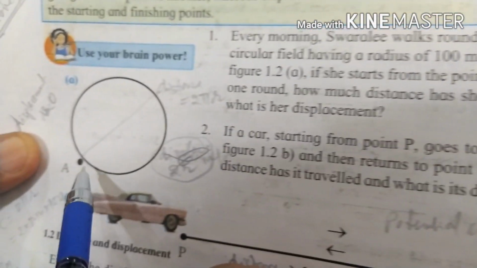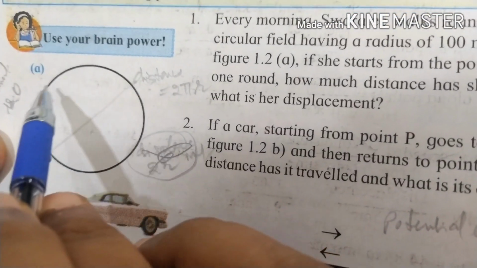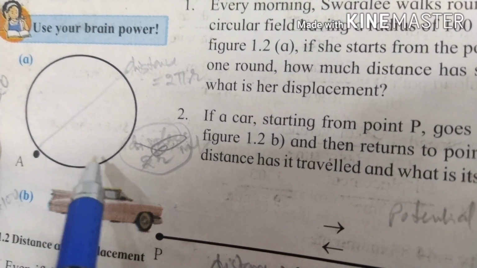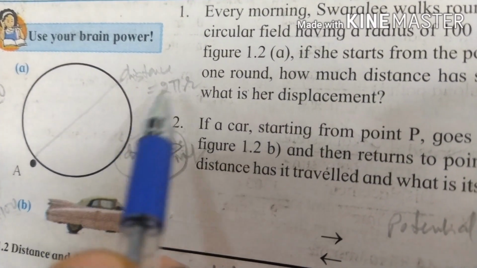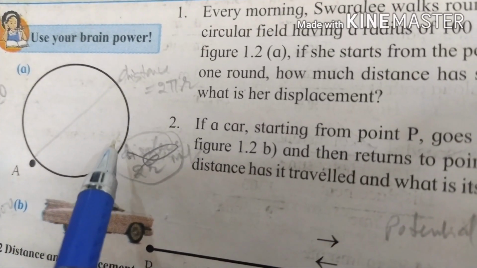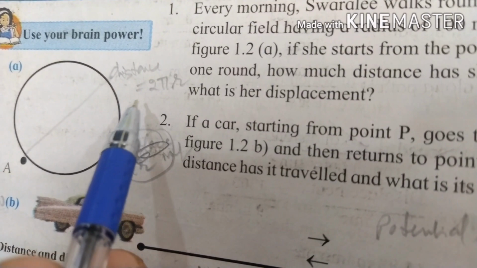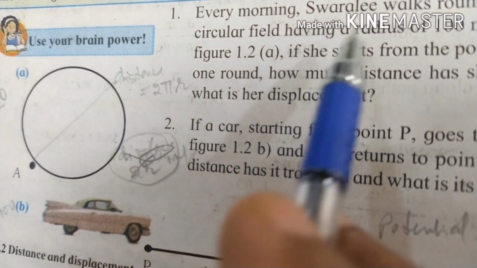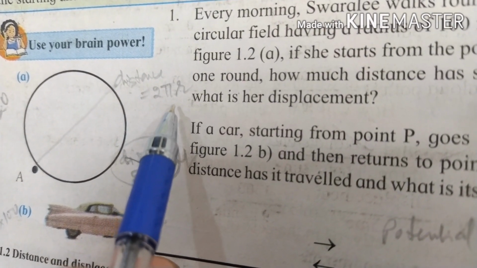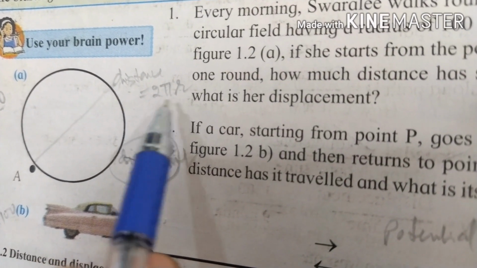Swarali makes one round around this circle. The radius is 100 meter, and they are asking what is the distance. We can calculate the distance by the formula 2 pi r. The radius we already have, and pi is 3.14, so we just compute 2 pi r.